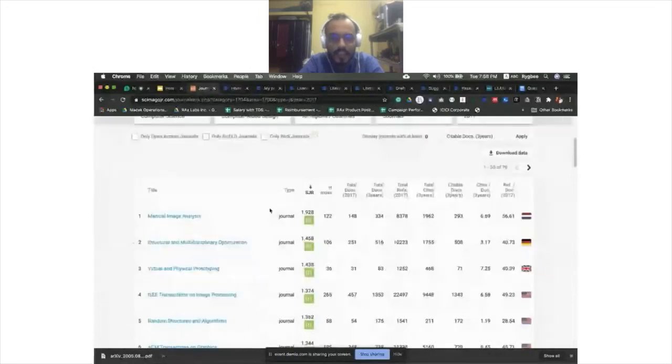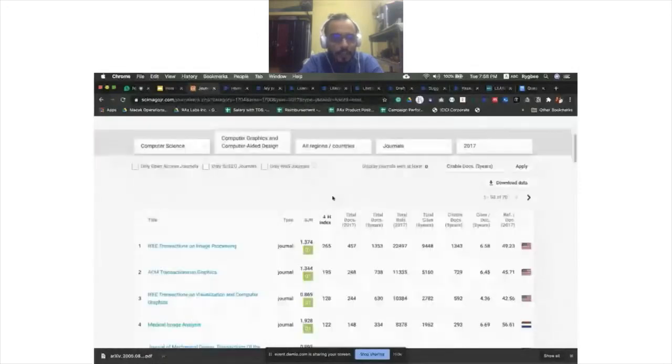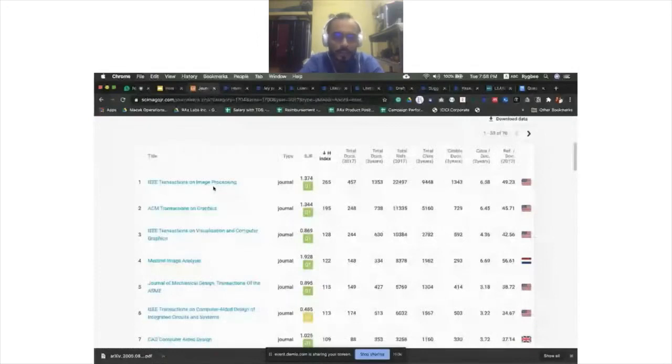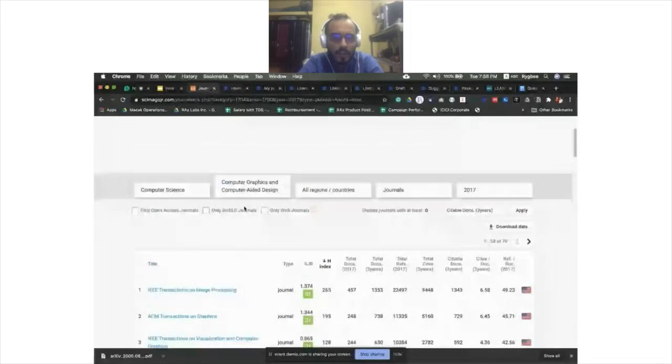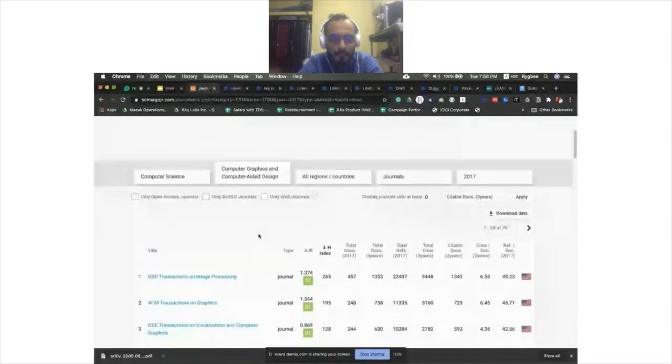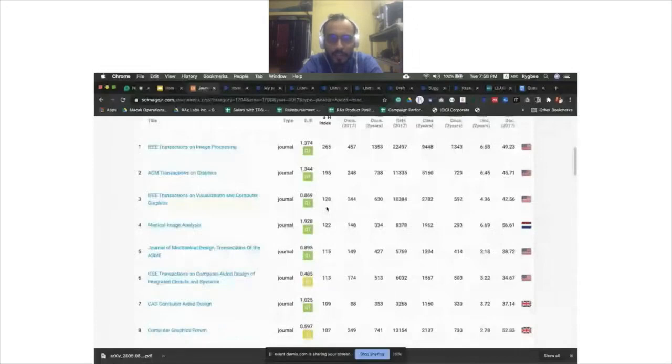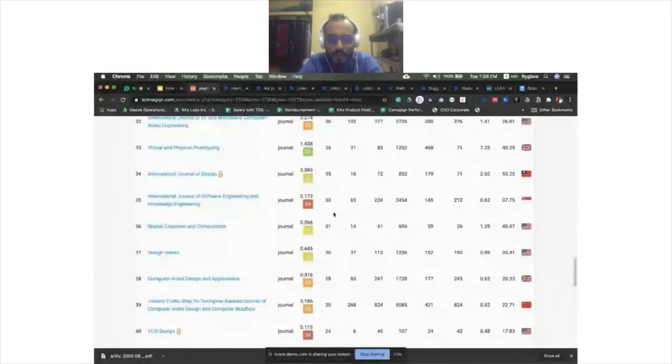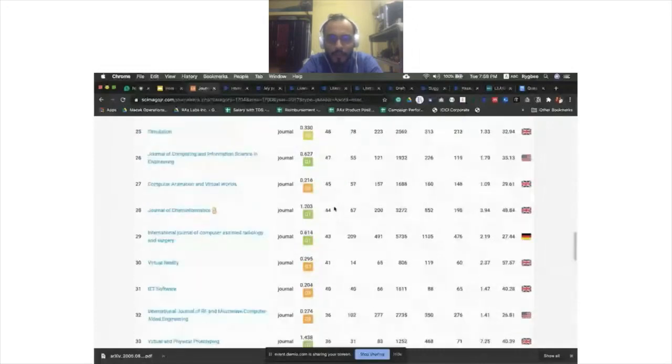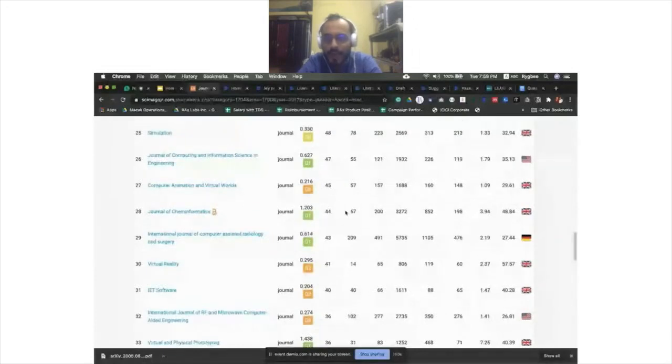Then I can see the SJR metric and the H-index metric. In terms of H-index, I can see that IEEE Transactions on Image Processing is number 1, then ACM Transactions on Graphics is number 2. This is for computer graphics and computer-aided design, okay? And so on, you can keep going and see where they stand in the ranking.